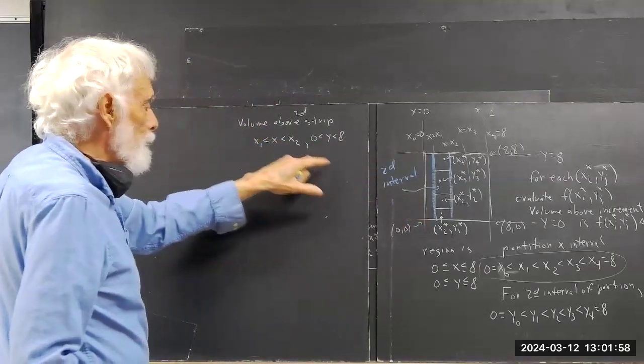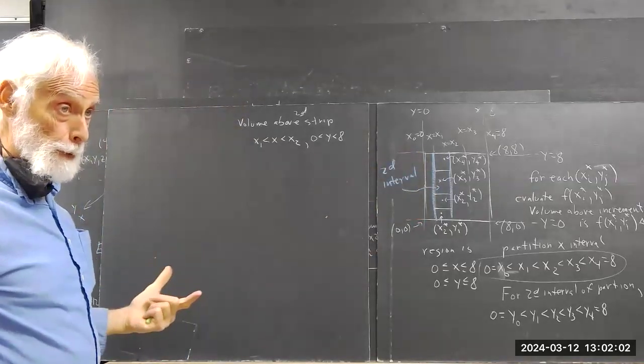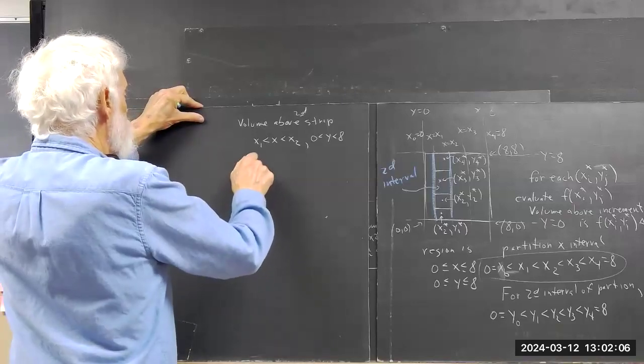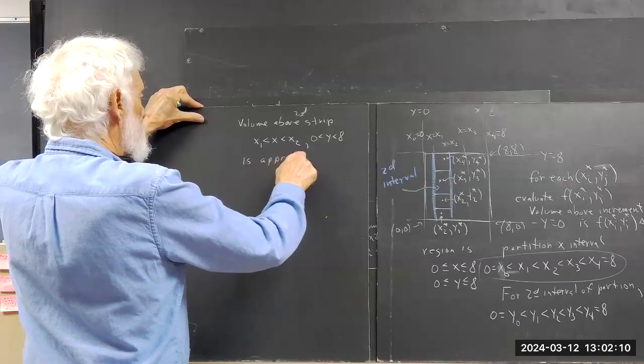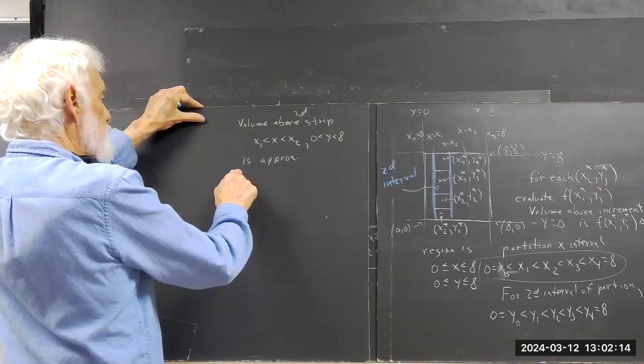But of course, the y's from 0 to 8 are broken into 4 subintervals, okay? It's approximately what?